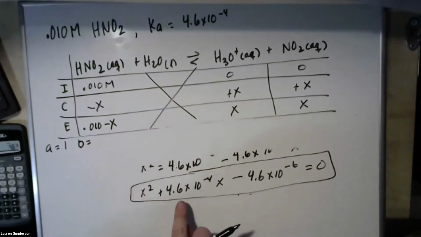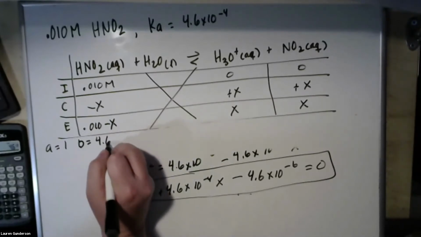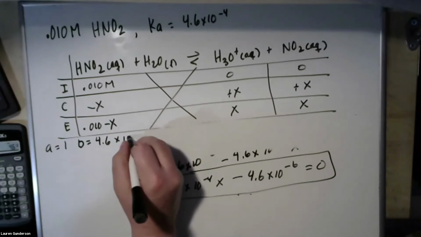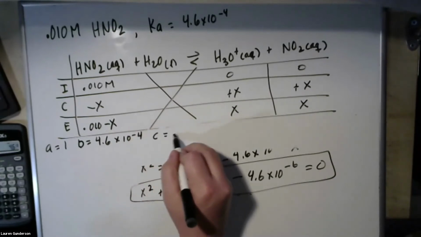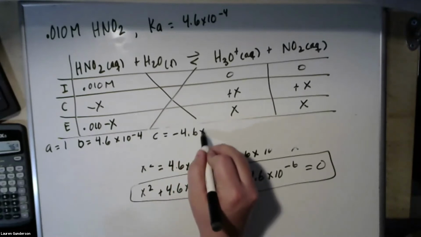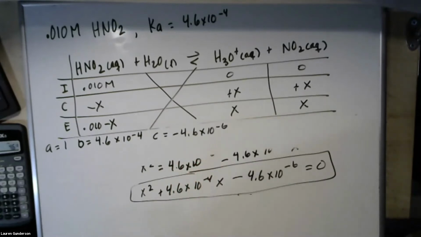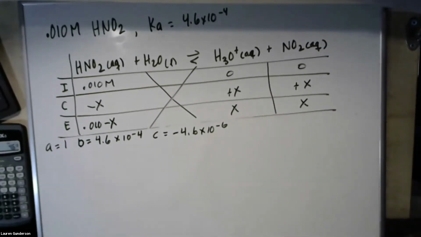My b value is going to be 4.6 times 10 to the negative 4. My c value is going to be negative 4.6 times 10 to the negative 6. And now I can do my quadratic.